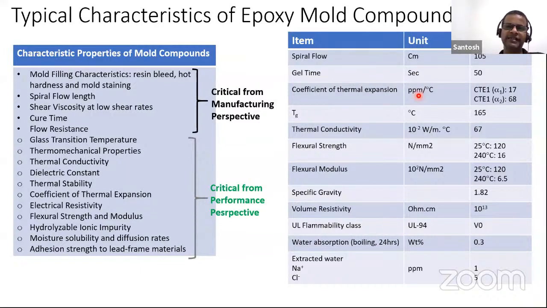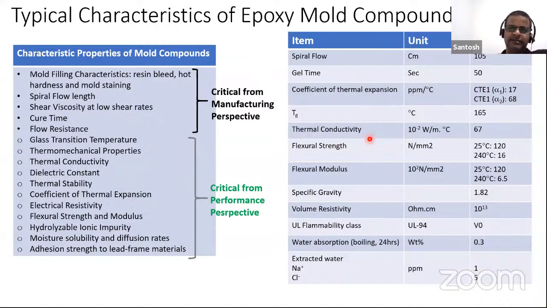In the rubbery phase, the CTE, the coefficient of expansion, is very high compared to the glassy phase, where the rate of expansion is low. So, for example, if you have a material which has 165 as Tg, and below Tg the rate of expansion is 17, whereas above Tg the rate of expansion is 68. That means the material is expanding at a very fast rate after Tg compared to below Tg.